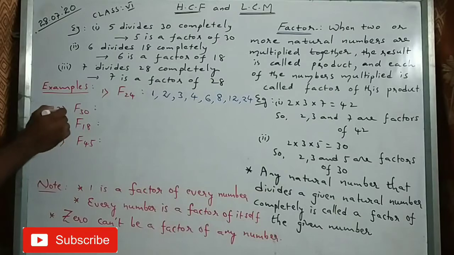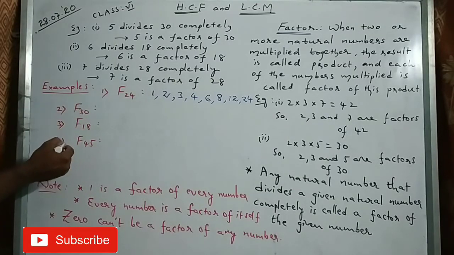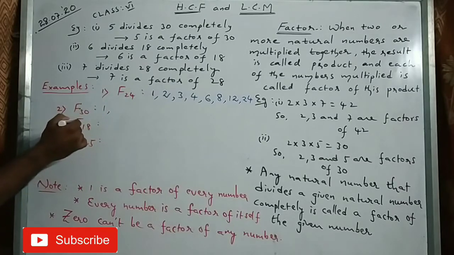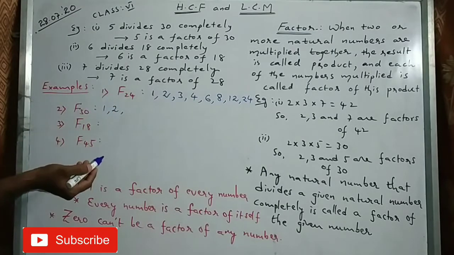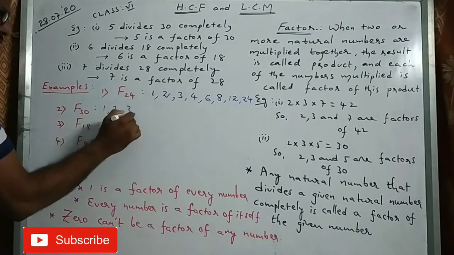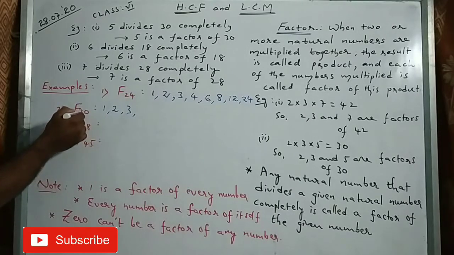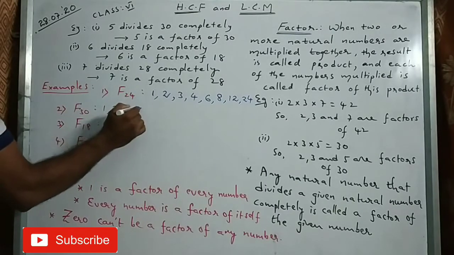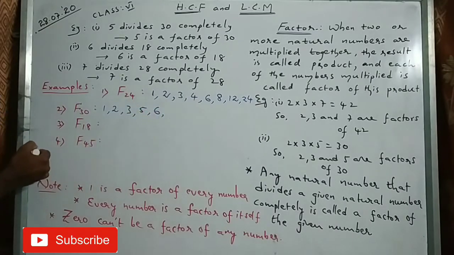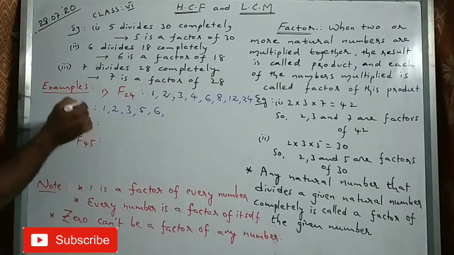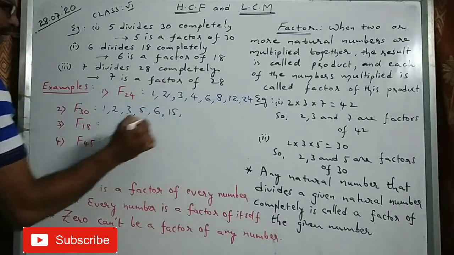For example, take factors of 30. What are the tables dividing 30? One table will go, 1 30s are 30. 2 also will go, 2 15s are 30. 3 also will go, 3 10s are 30. 4 cannot go. 5 6s are 30. 6 5s are 30. 7 no. 8 no. 9, 10, 11, 12, 13, 14, 15 2s are 30.